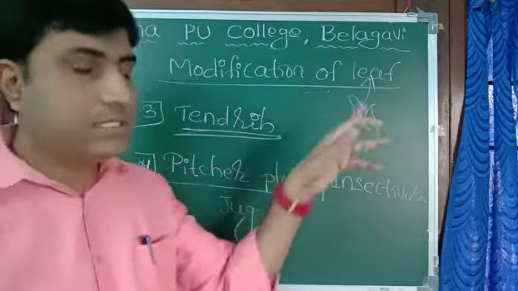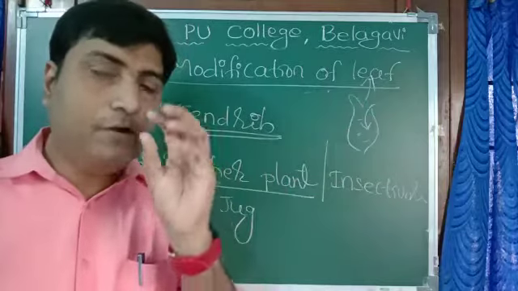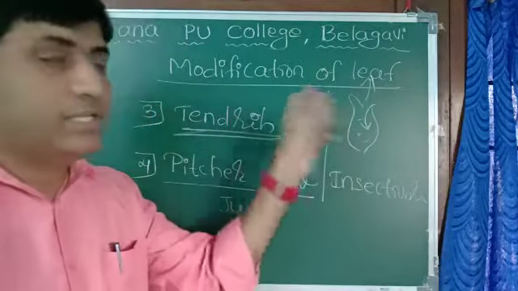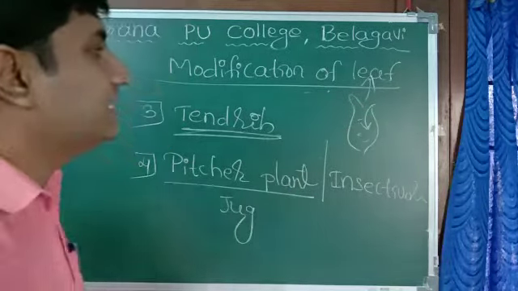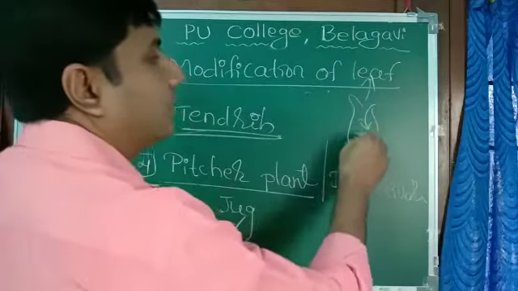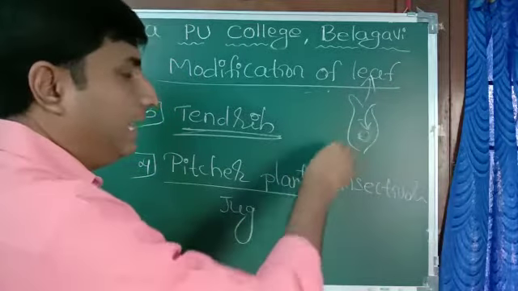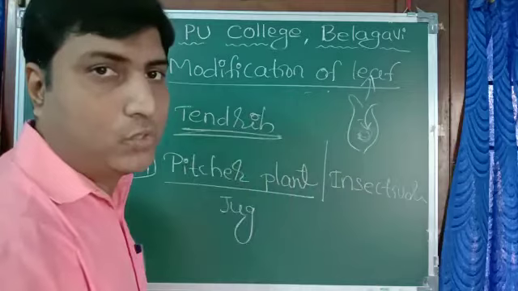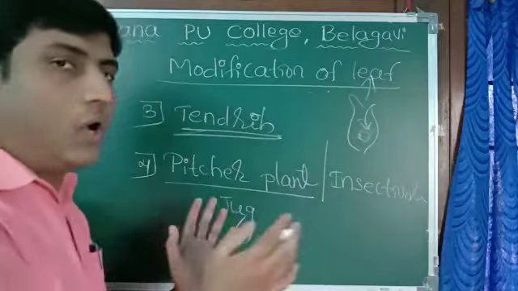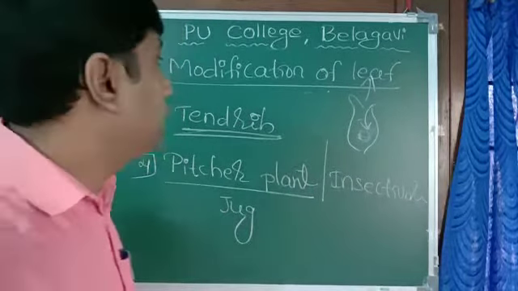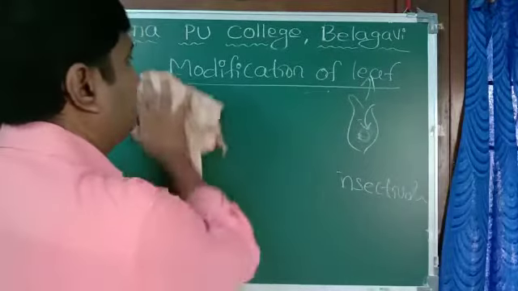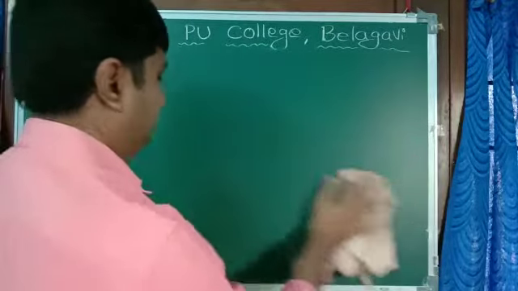Then from this leaf, some parts are modified into digestive glands. Some digestive juices are released, and they digest all these insects. And from that they absorb the nitrogen that they require. So all these are the modifications of leaves.